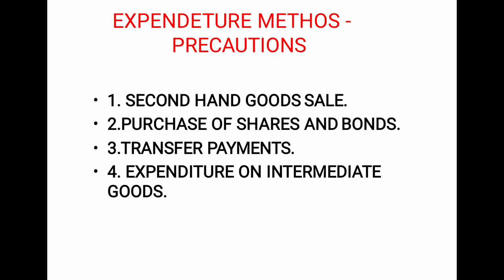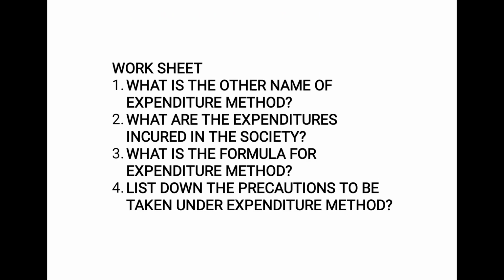Transfer payment should not be included because it is not a productive activity. And the fourth one, expenditure on intermediate goods should not be taken into consideration. Only final goods have to be taken into consideration. This is called the precautions of expenditure method, summarized and given to you in a capsule form.